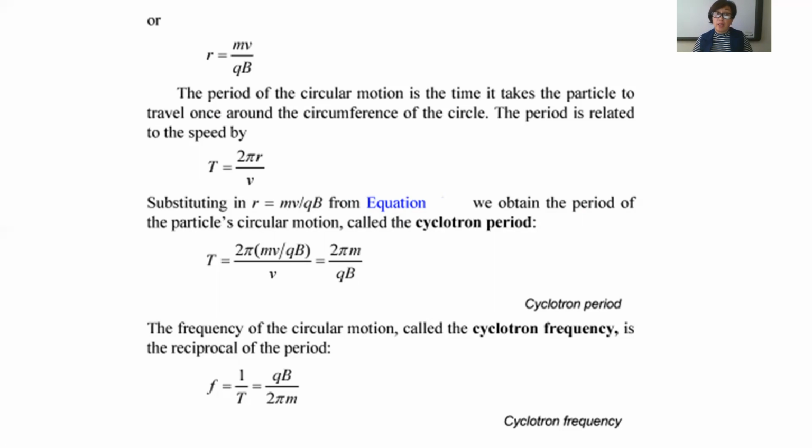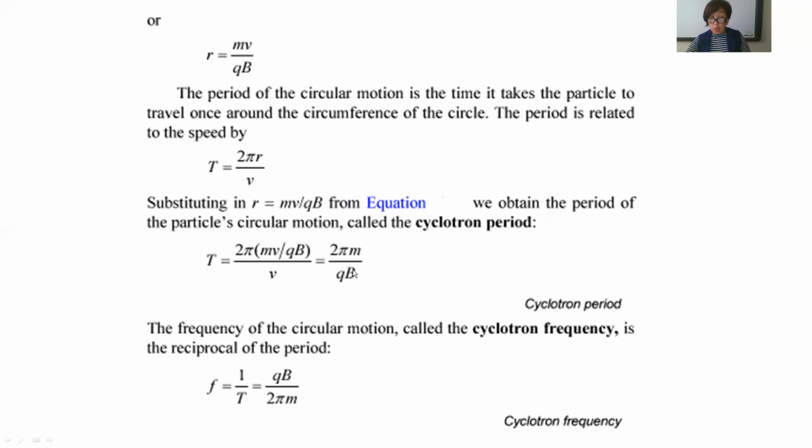The period is related to the speed. We know the formula 2πr, where r is the radius, and we replace the radius with mv divided by qB, and in the final formula we obtain the period of the particle's circular motion, called the cyclotron period, 2πm divided by qB.